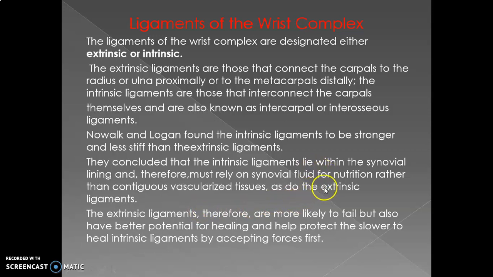Another difference is that the extrinsic ligaments have extrinsic blood circulation, but because the intrinsic ligaments are inside the synovium, that is, they are intrasynovial ligaments, their nutrition is actually from the synovial fluid. They don't depend on vascularity.